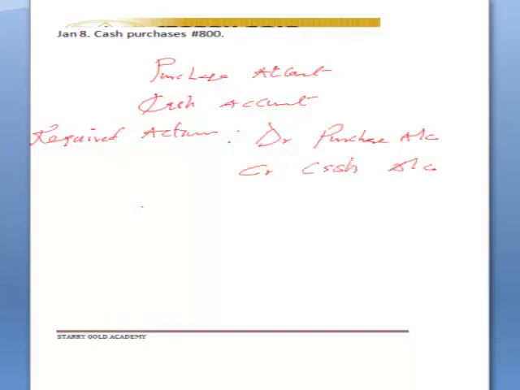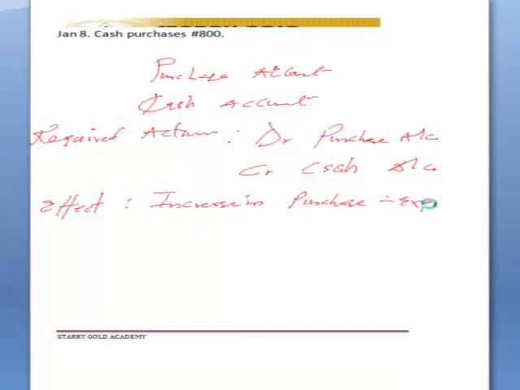So the effect is that there is increase in purchases, which is an expense account.